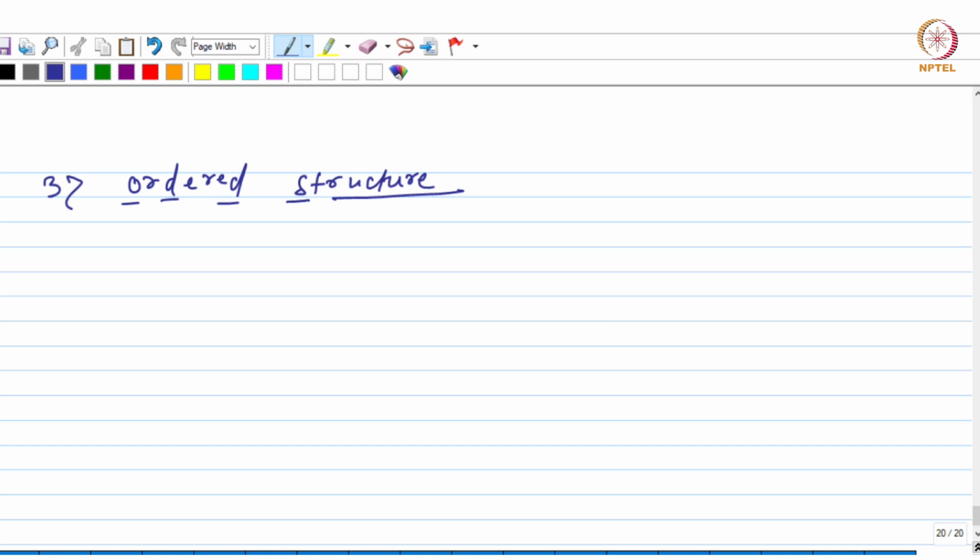And we have seen that when there is an ordered structure in the lattice, the movement of dislocations through the ordered region creates what is known as antiphase boundaries. So if the precipitates have ordered structure, then a similar effect will come over here also.